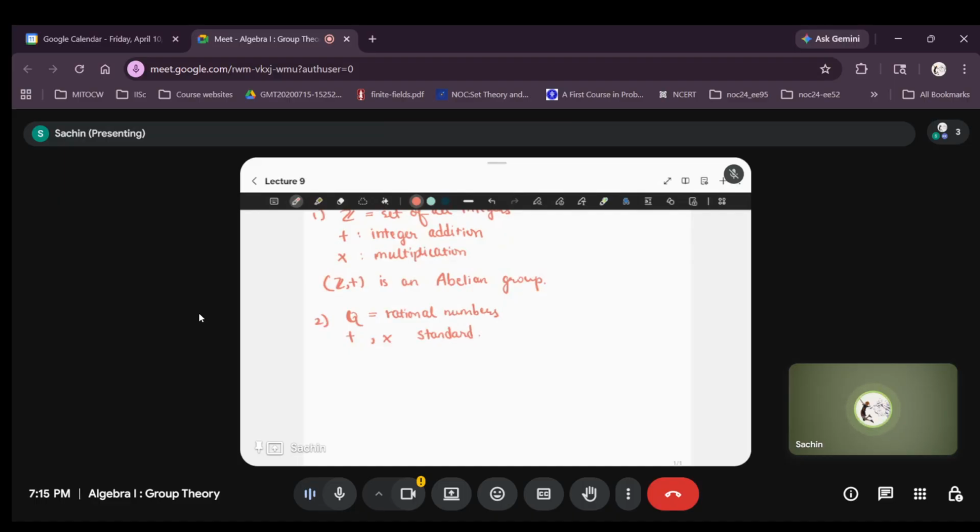Here again, Q plus is an abelian group, and if you exclude 0, Q with multiplication is also an abelian group, but that's not required for a ring.